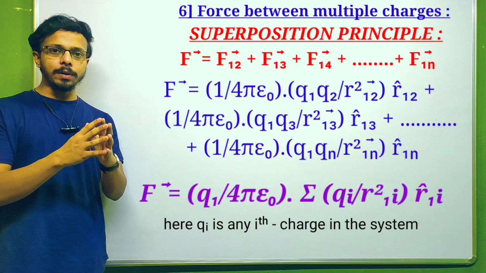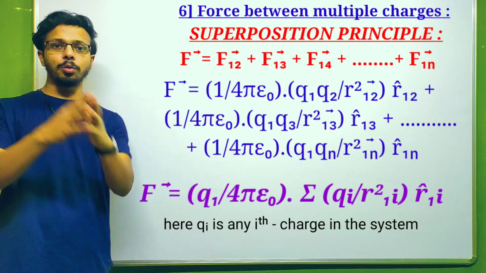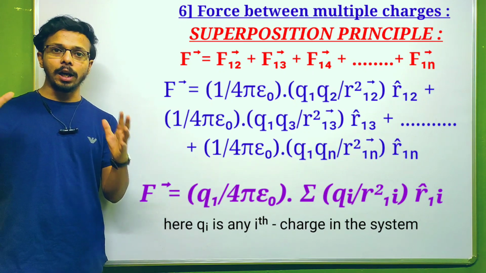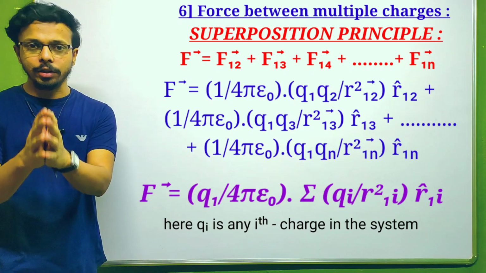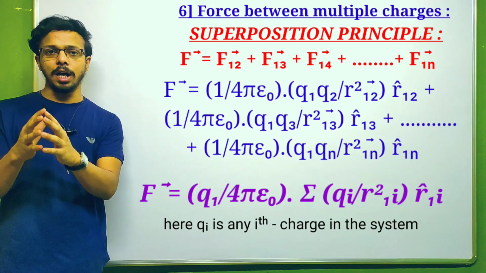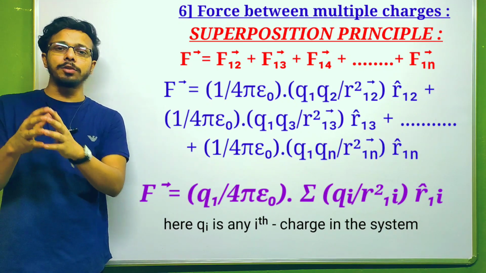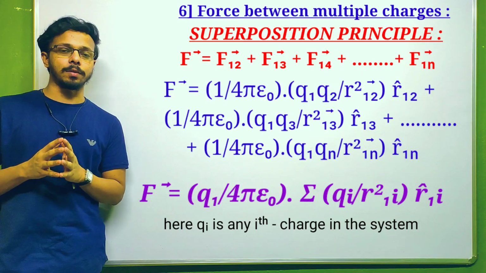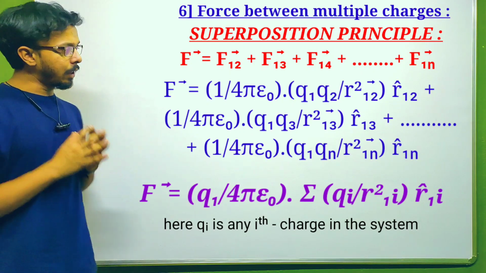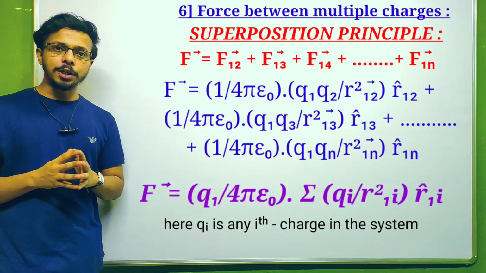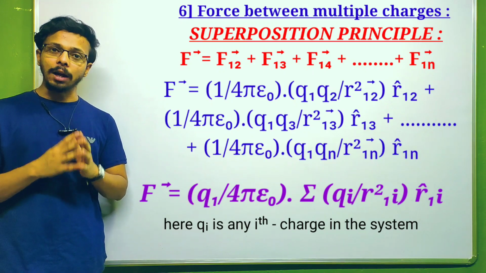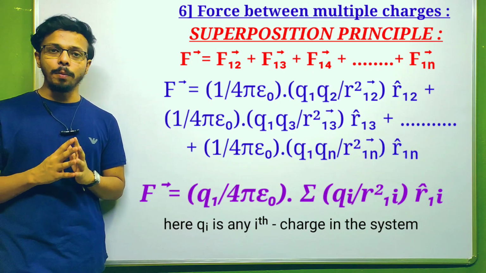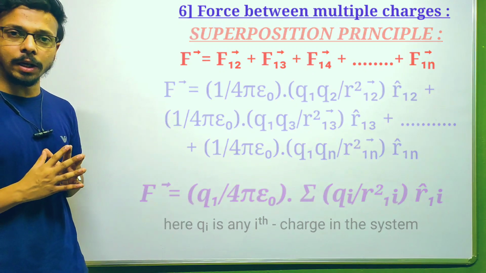It means if the system consists of Q1 charge to Qn charge, then the summation will take up to any ith charge in the medium, any intermediate charge. So it is the sum over the ith charge in the system. So guys, in this way, by using the superposition principle, we can calculate the force between multiple charges. I hope you understand the superposition principle.